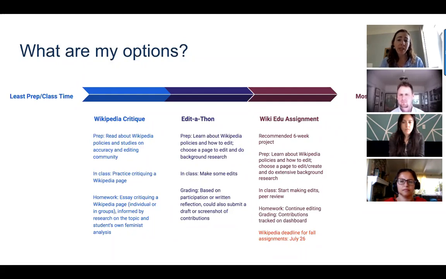A really cool thing is if you develop an assignment through Wikipedia for Education, or Wiki Education, you can have this learning management system platform within Wikipedia, basically, where students can do their edits. You can see all the edits and changes that they've made and grade their contributions, and everything that they've done and the peer editing they've done for each other is all tracked on this one dashboard.